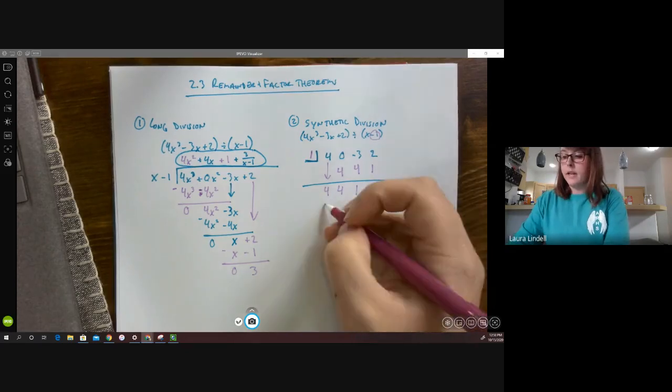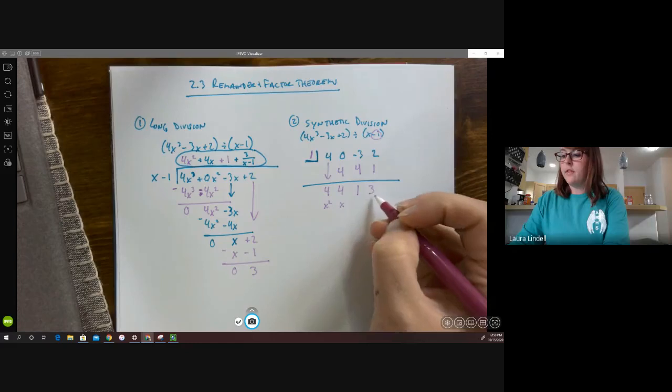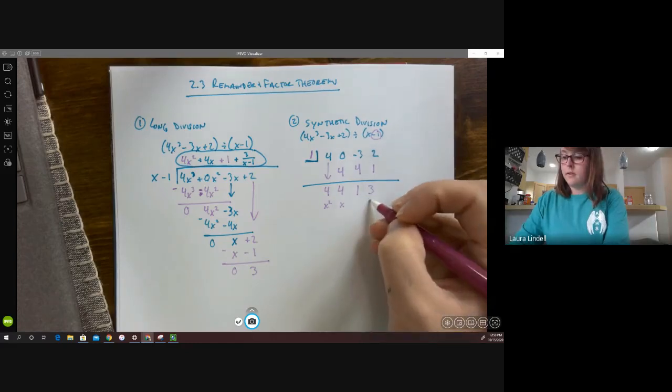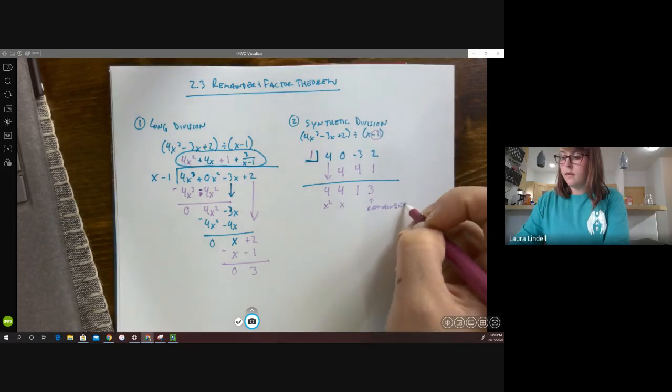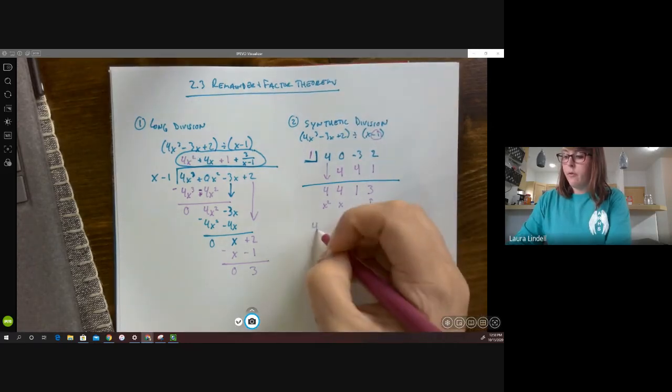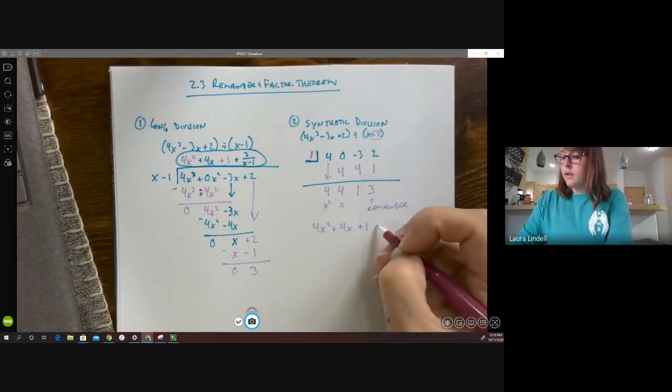So I'm going to attach an x squared here, an x here, nothing here, and then this is my remainder. So we're going to get 4x squared plus 4x plus 1 plus 3 over x minus 1.